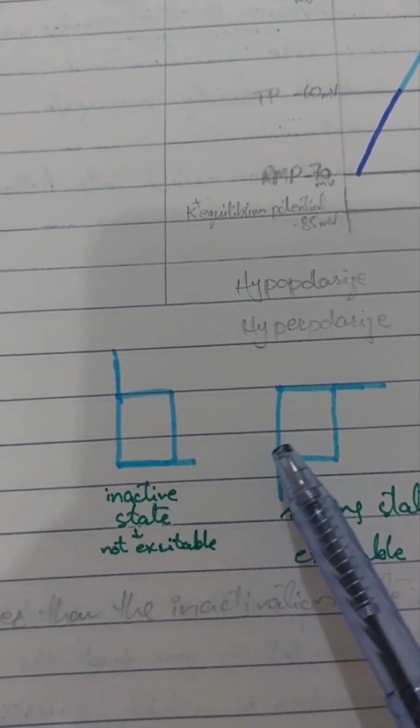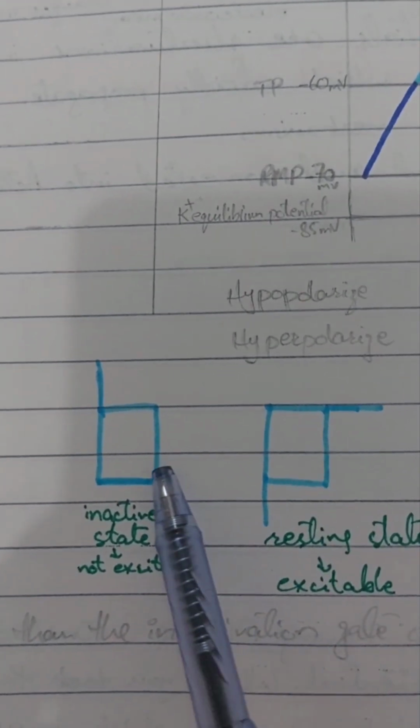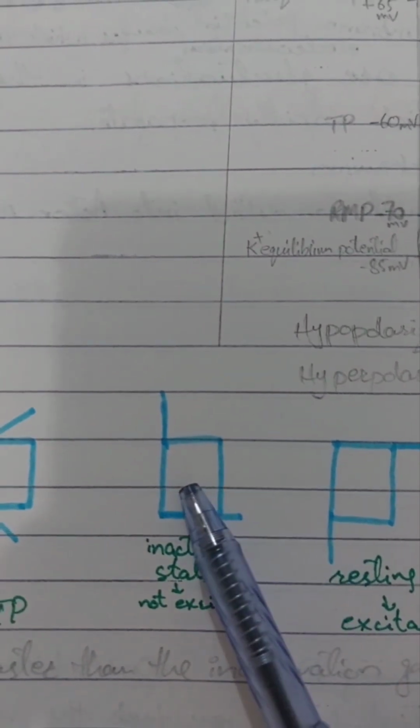This is the inactive state, which is not excitable. No matter what, in this state action potential cannot be generated, as the sodium influx cannot occur and the membrane cannot depolarize.